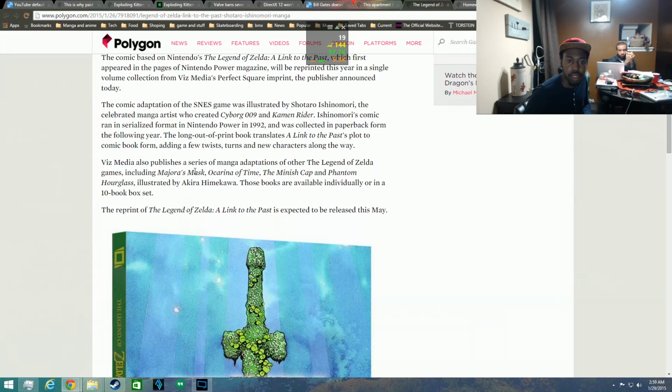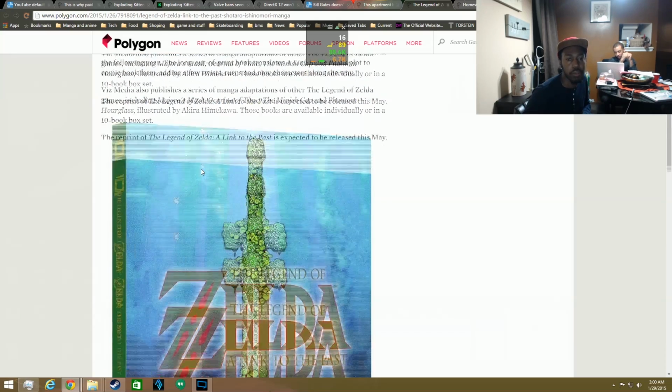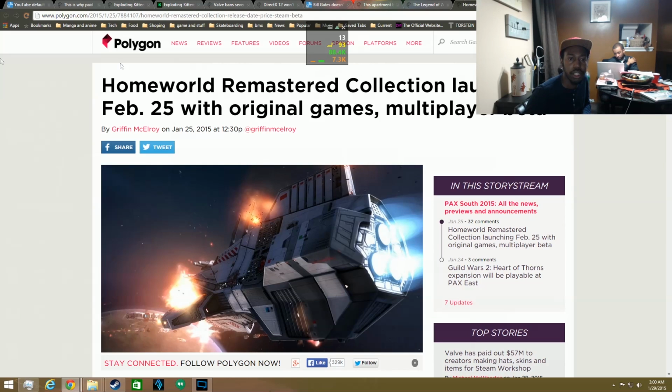If you guys remember Homeworld, I don't know exactly when it came out, but it's an RTS in space, so your units are spaceships. You can have an all-out space war. If you're a Star Wars fan, it's like the original movies fighting the Death Star.